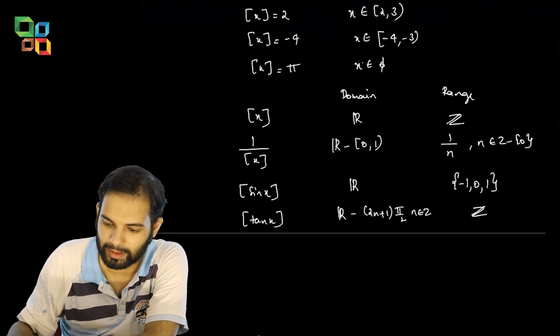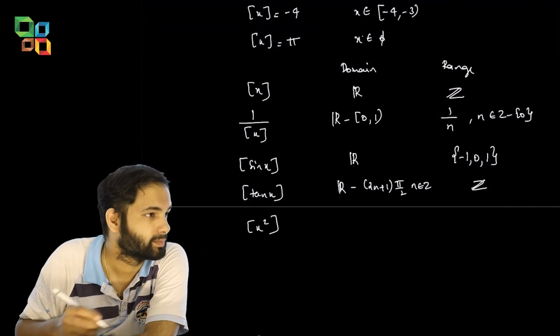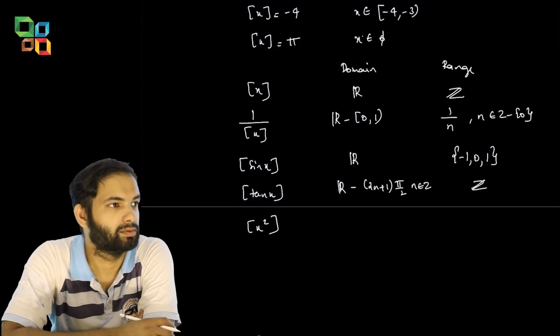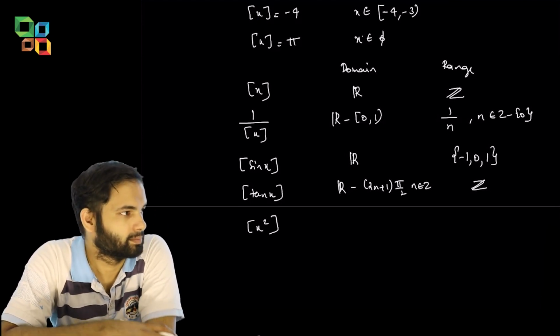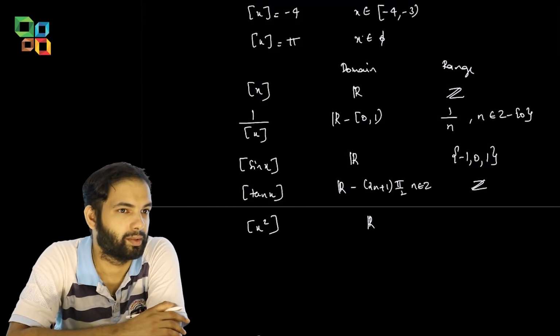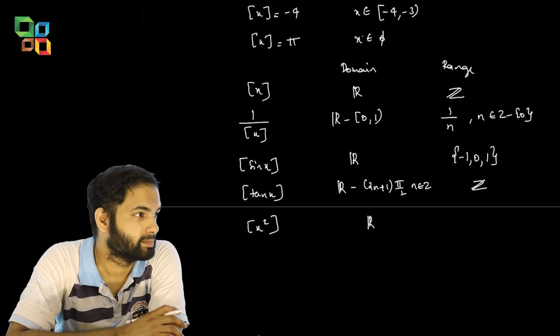Okay. So let's see. Integer part of x square. Domain is easy. All reals. What about the range? All positive integers, or whole numbers.